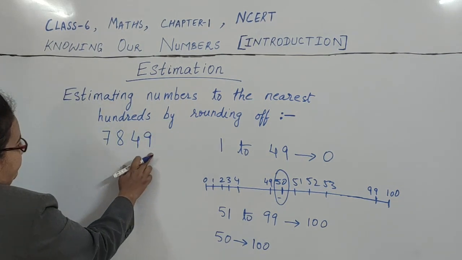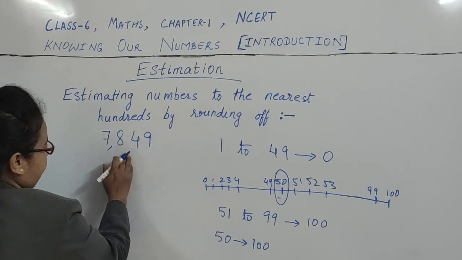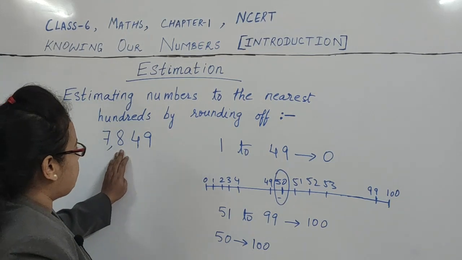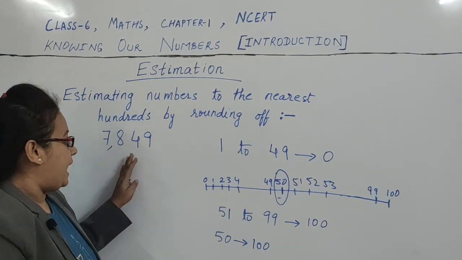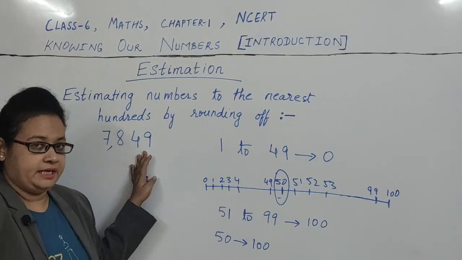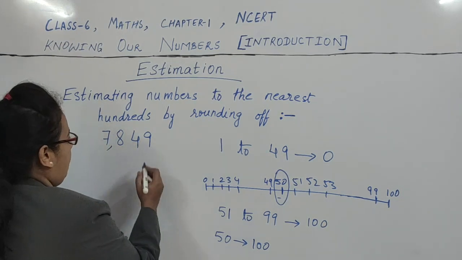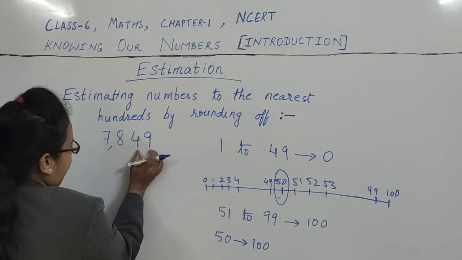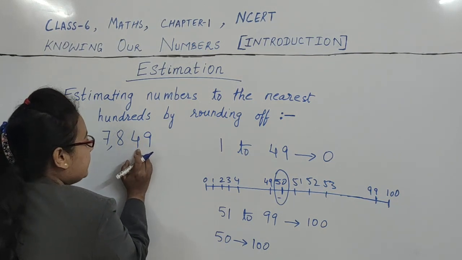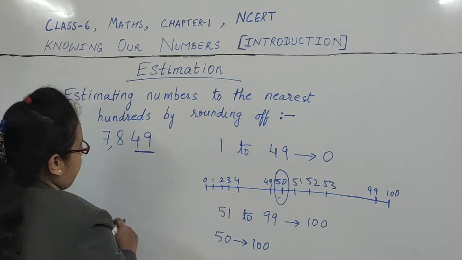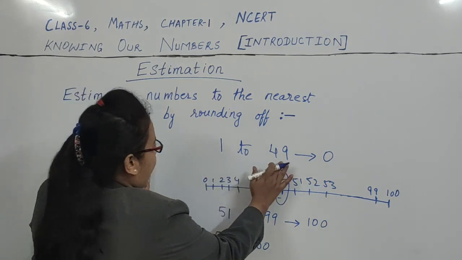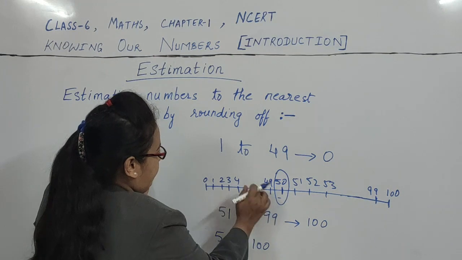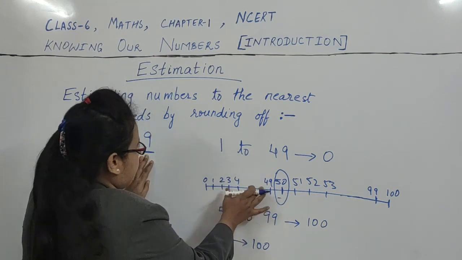See, this is 7,849, and we have to round off this number to the nearest hundreds. So what do we do? Ones, tens and hundreds. This is the hundreds place. So we look at the digit at the ones and tens place. This lies between 1 to 49, and 1 to 49 is closer to 0.